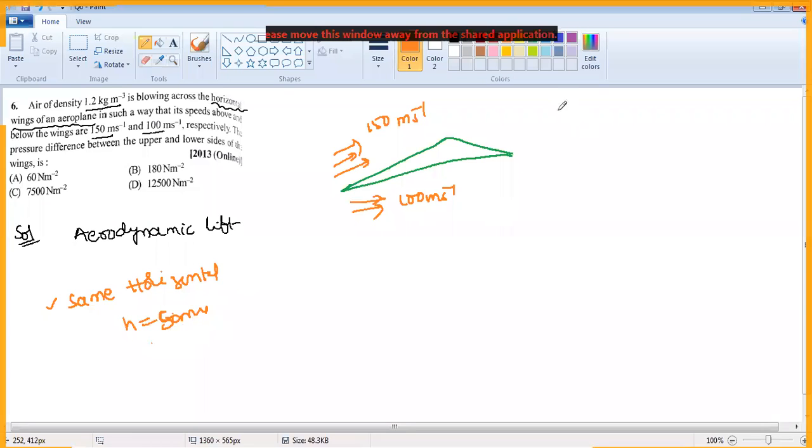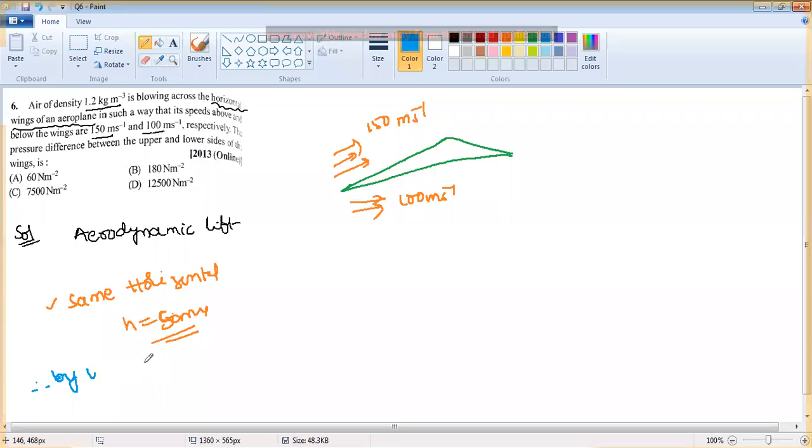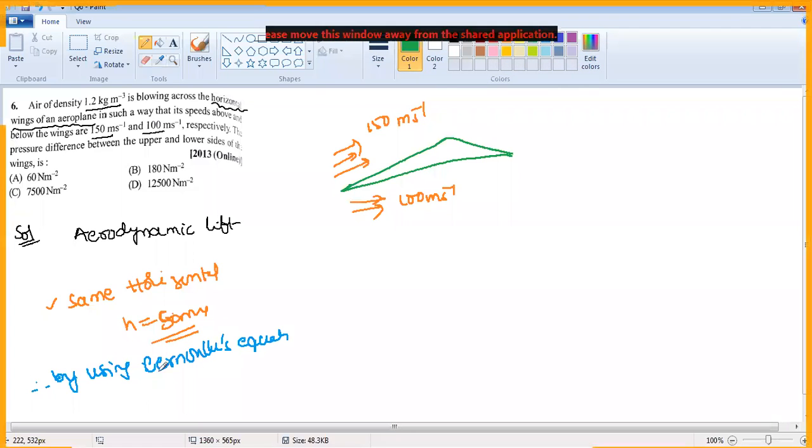By using Bernoulli's equation, we can write P1 plus half rho v1 square equals P2 plus half rho v2 square, because H is the same here.